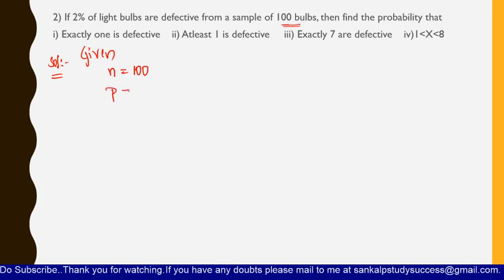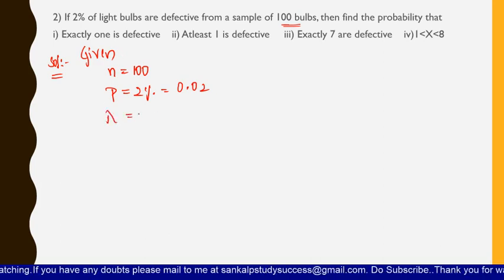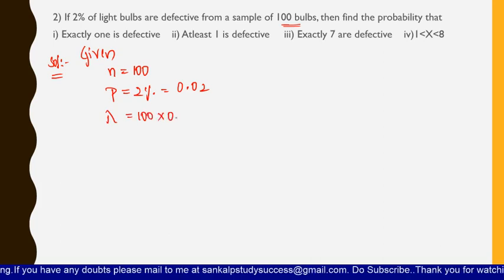That means probability of defective is 2%, that means 0.02. Okay. Now find the probability that exactly 1 is defective. That means let us find what is lambda here. Lambda equals 100 into 0.02, right? Because lambda value is nothing but n into p. So 100 into 0.02, which is nothing but 2.